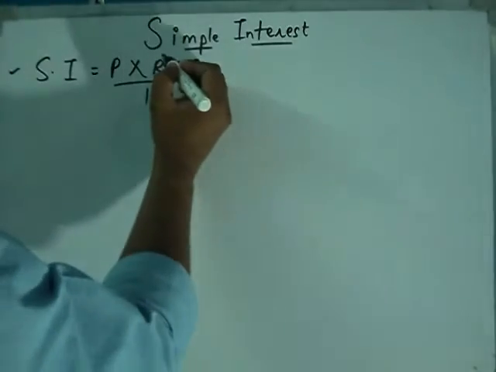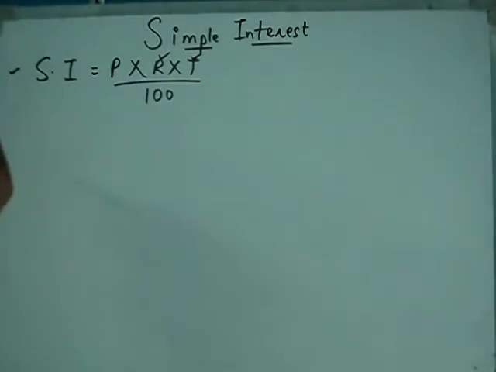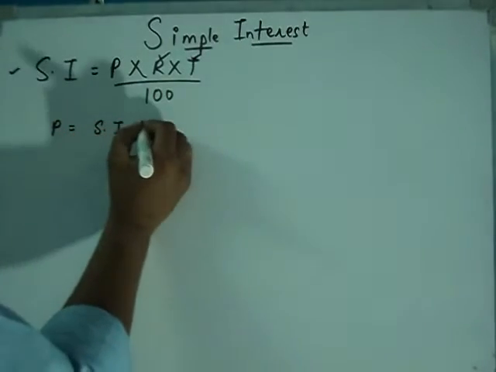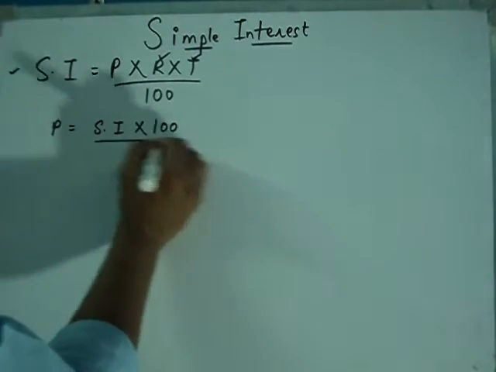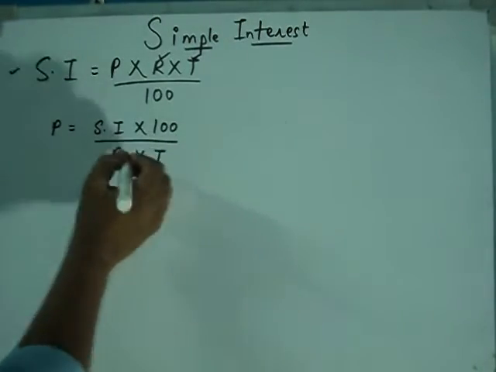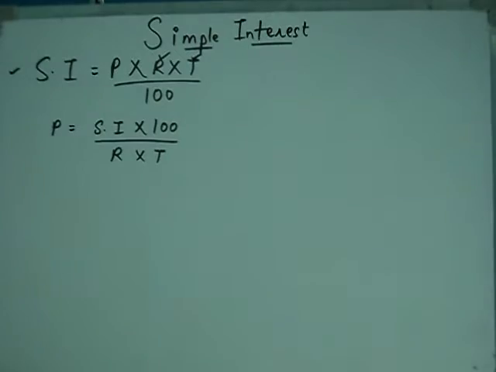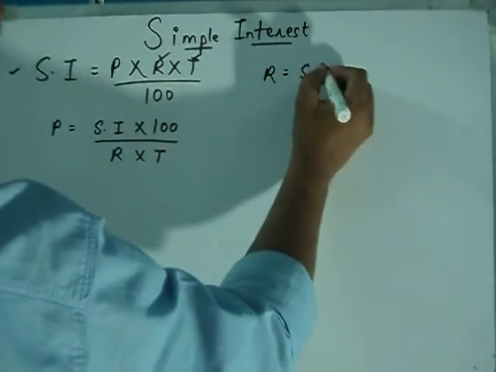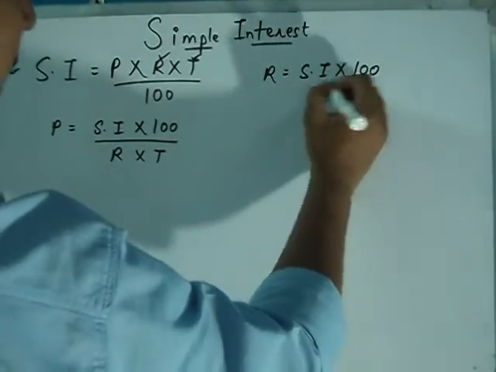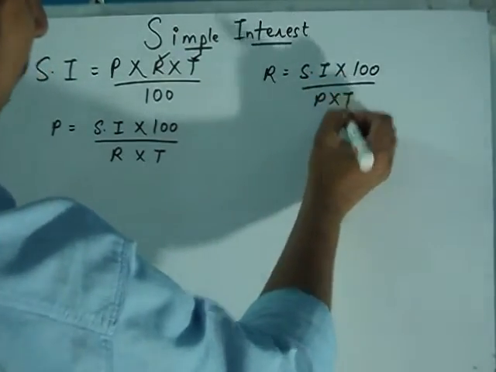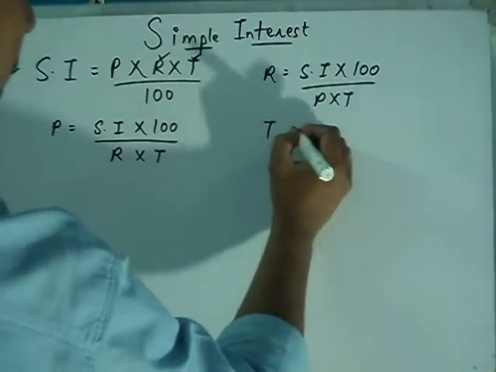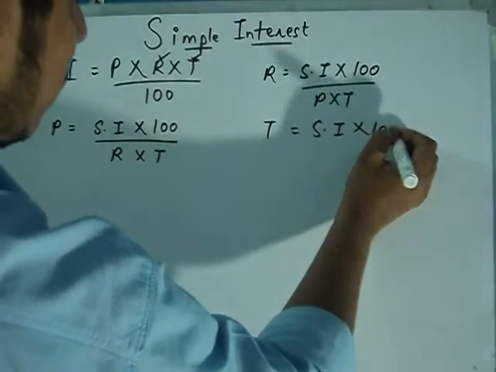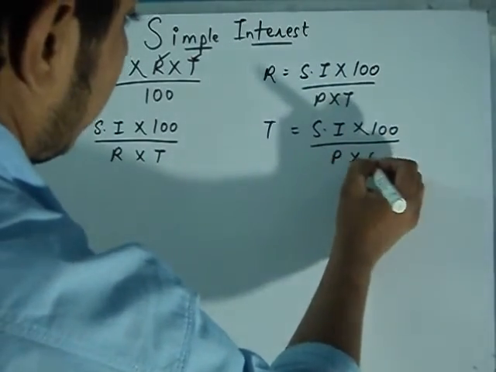Like if we have these three values in our hand, then we can calculate principal by using this value. By this you can calculate the principal, or if you have to calculate the rate, then in that case we have this value, and if we have to calculate the time, in that case we have this value, like this.